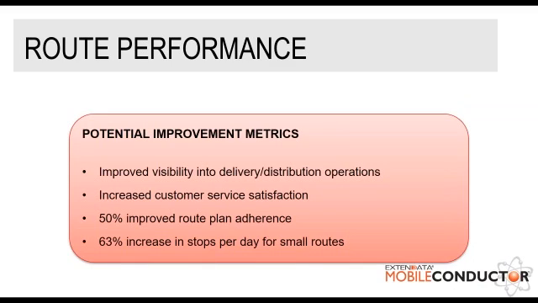And then, depending upon the type of business, the number of stops on a route, and so on, we've had customers claim up to a 63% increase in stops per day, based on their current business model and how they were performing on their routes. So a lot of potential for improvement through route performance monitoring.